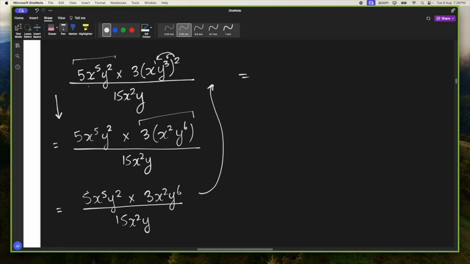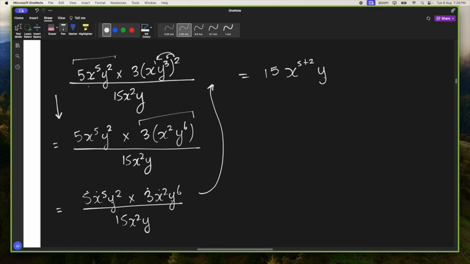So first of all, 5 times 3 is 15, right? I have x to the 5 times x to the 2. So that'll be x to the power of 5 plus 2. And then I have y to the 2 times y to the 6.